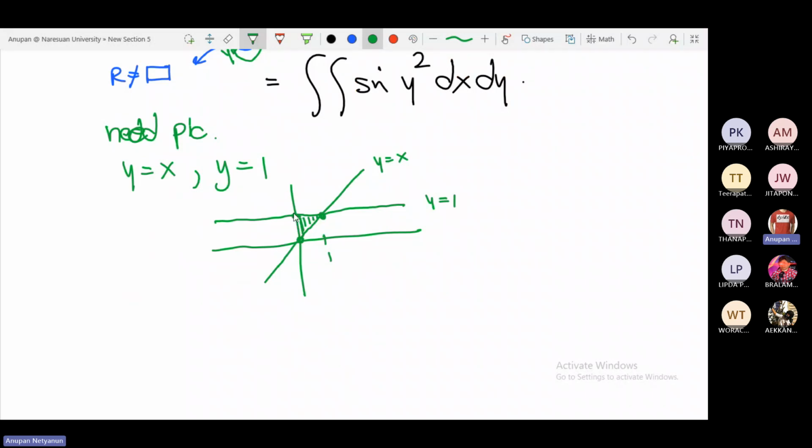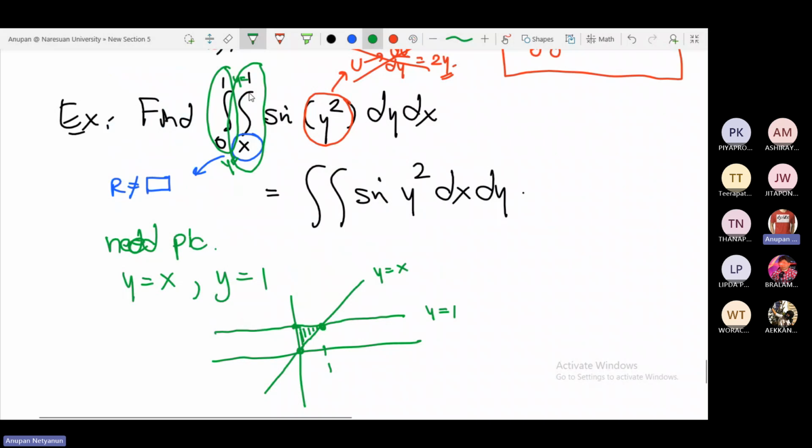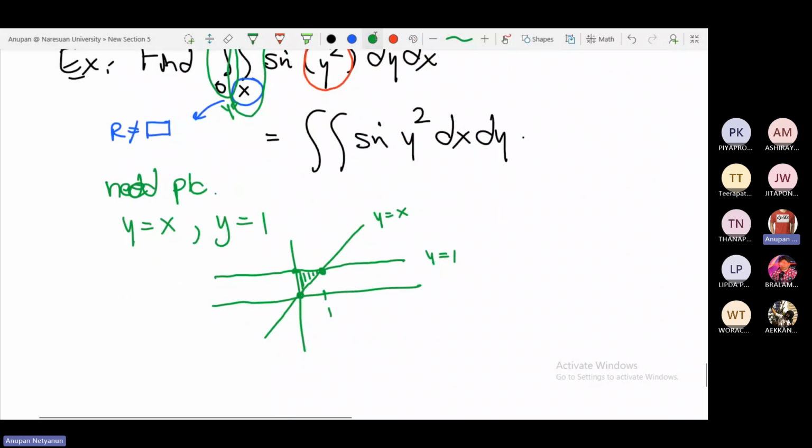And then it's enclosed by these two graphs here. Okay, that is from the running numbers of y. So that is your region. Okay, I have the region already. Then I can find the running numbers to put in here.